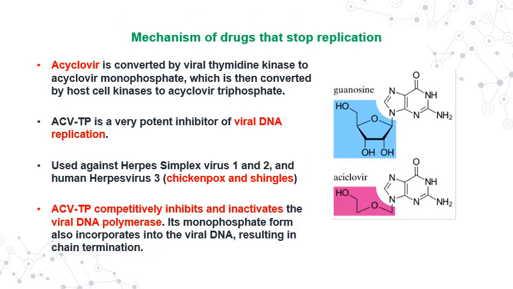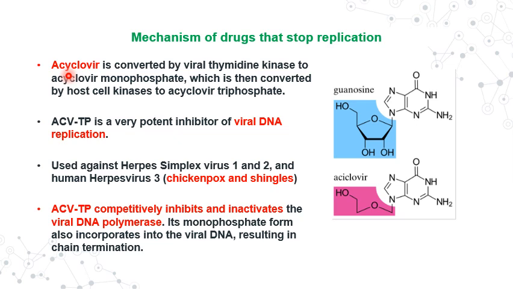So here I'll give you a couple of examples of what I meant by that. You have certain antiviral drugs, and here I have the example of acyclovir. Now look at the name of this drug. Acyclo, it means it doesn't have a circle. Vir, it means it's working on viruses.